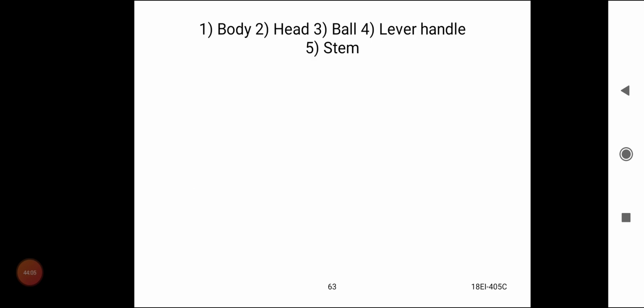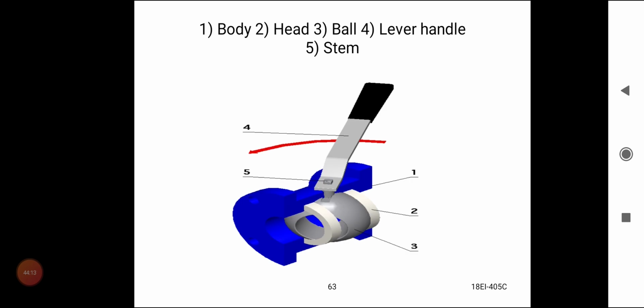The parts are: one, body; two, head; three, ball; four, lever handle; five, stem. The orifice, the valve body.